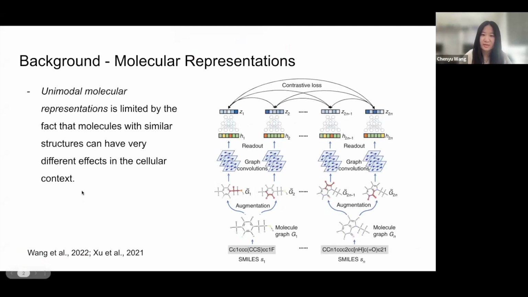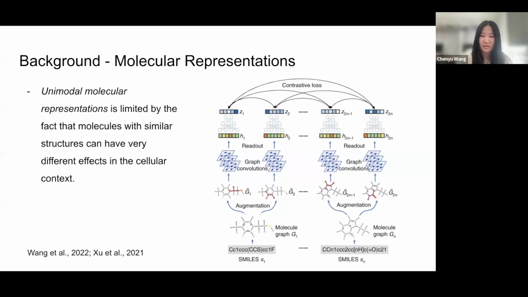So for this paper, we want to solve the problem of molecular representations. There are many different ways to represent a molecule. People sometimes use a 2D graph or SMILES strings. Traditionally, people use fingerprints to featurize the molecule.